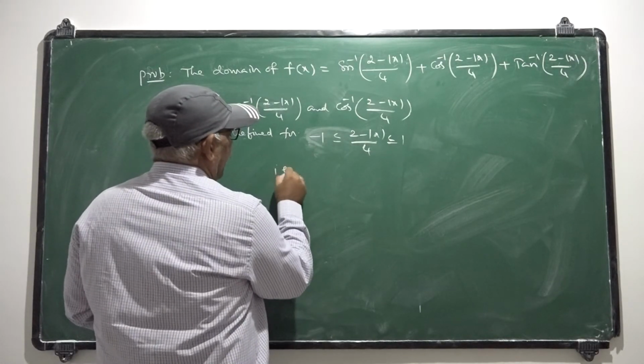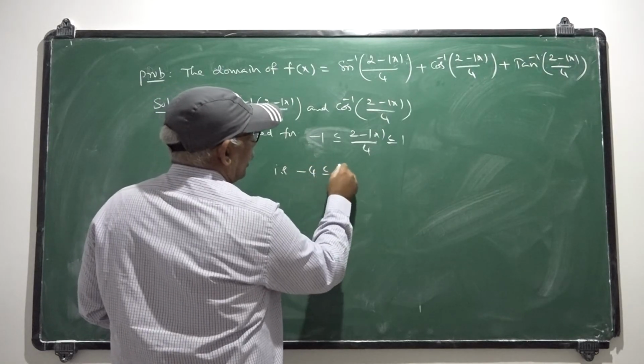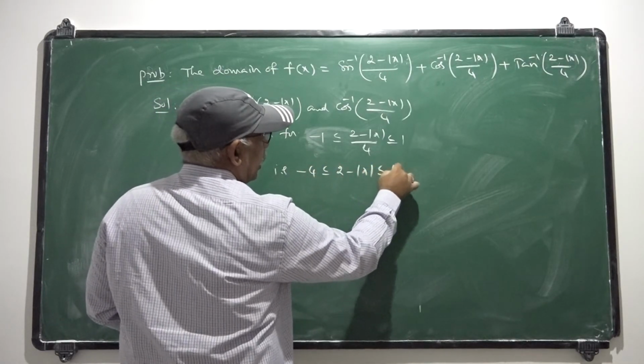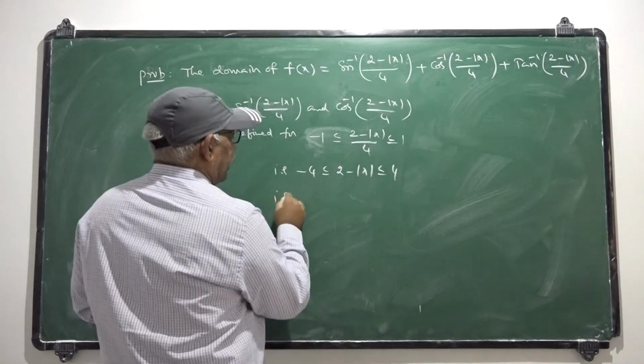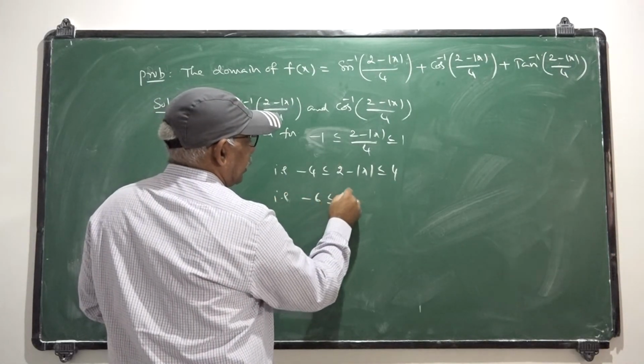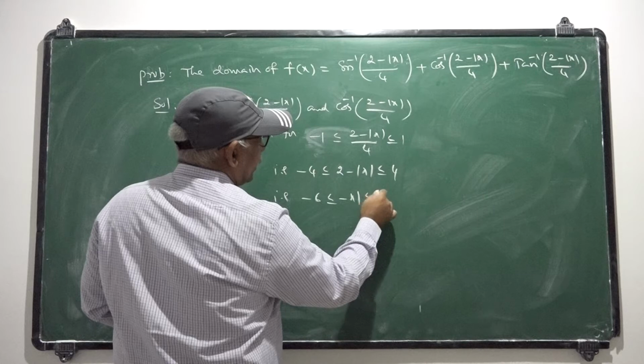So that is minus 4 less than or equal to 2 minus mod x less than or equal to 4. That gives us minus 6 less than or equal to minus mod x less than or equal to 2.